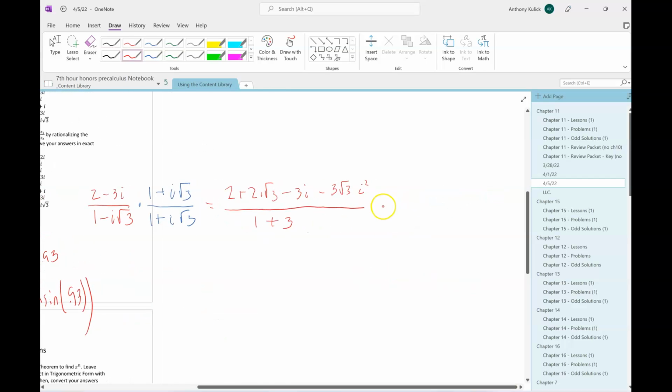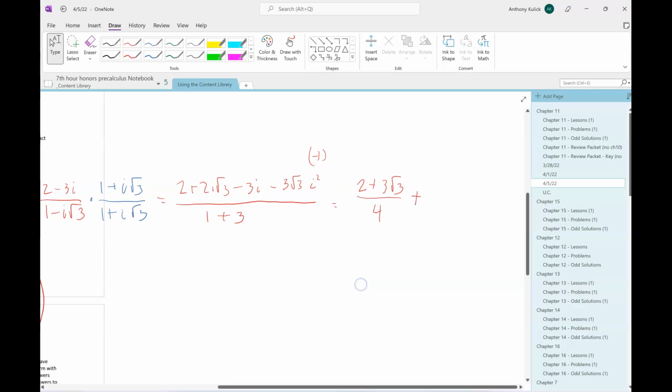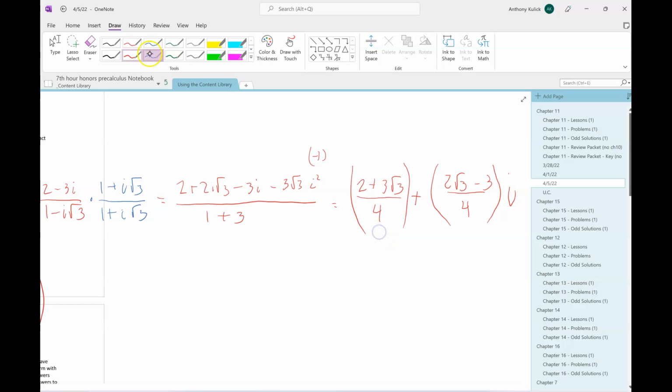From here, I'm just going to combine like terms. Remember that i squared is negative 1. So the stuff without the i's, I have a 2 and then a positive 3 root 3, all over 4. And the stuff with the i's, I have 2 root 3 minus 3, all over 4, and I'll stick an i at the end.